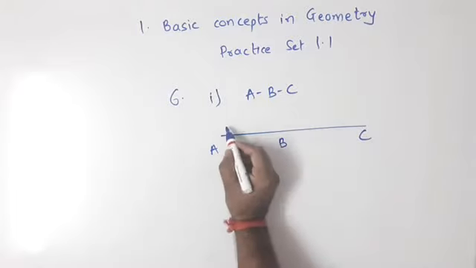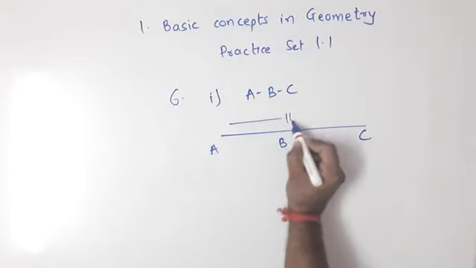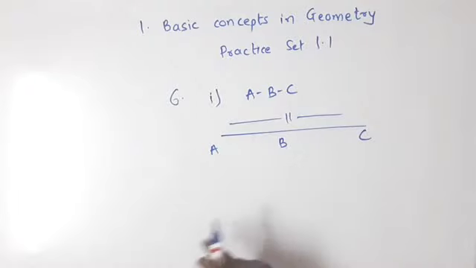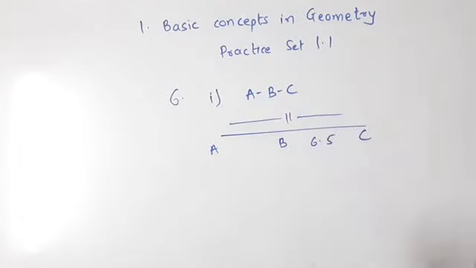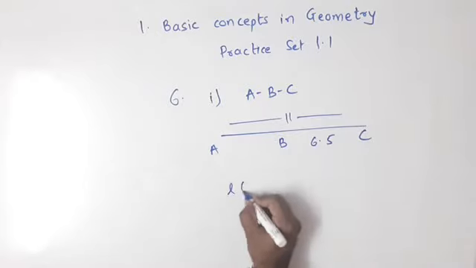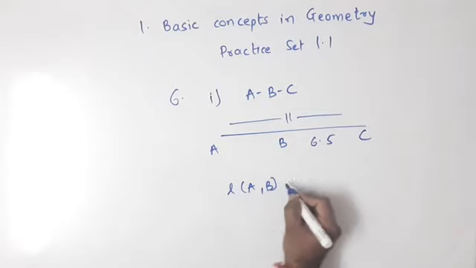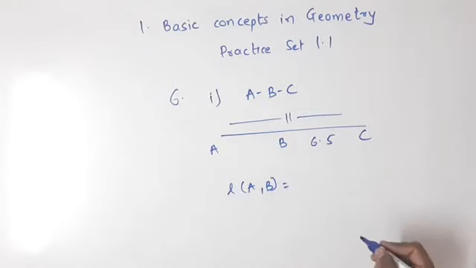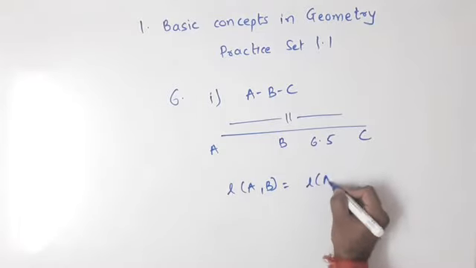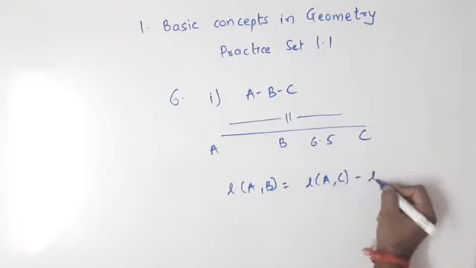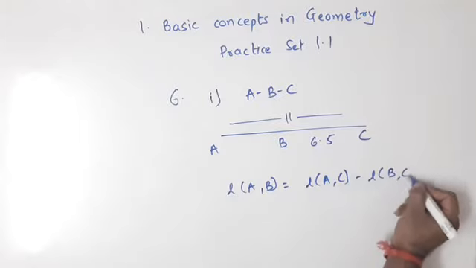So what else we know? We know AC is 11, so I'll draw a line here. This AC is 11. And what about BC? BC is 6.5. Then what is length AB? It is very simple. Length AB equals length AC minus length BC.